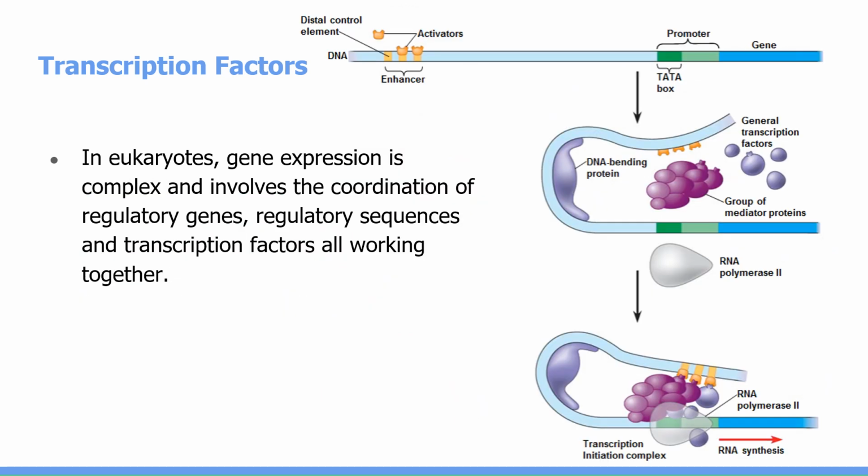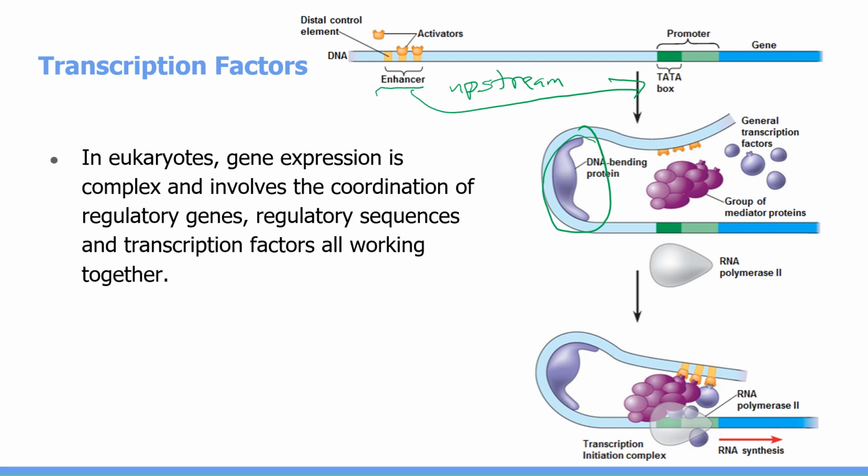So again, another visual, we see that the enhancer is definitely super upstream of the promoter region. Then a DNA bending protein attaches to the segment between the promoter and the activator and enhancer sequences.